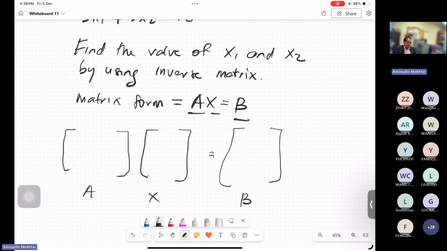What is matrix A? Again, each matrix has a size. The size depends on the number of rows and number of columns.